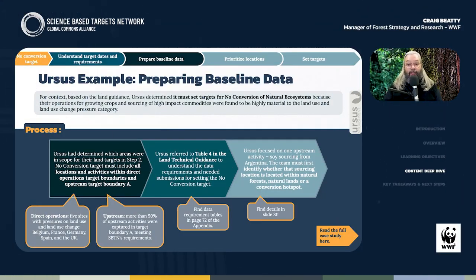This section provides a hypothetical example of how Ursus Nourishment sets targets for land-related pressures at sites prioritized in Step 2. The example focuses on one upstream commodity, soy, sourced in Argentina. For context, and if you remember from Step 1, Ursus Nourishment is a food and beverage producer that specializes in plant-based drinks and food.